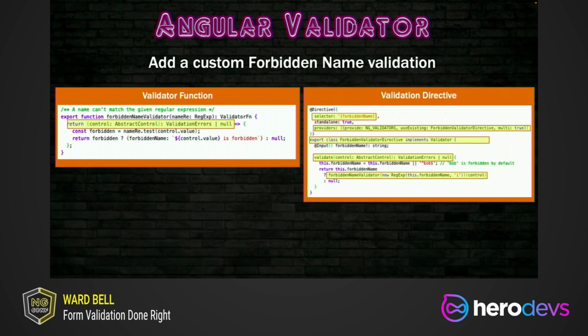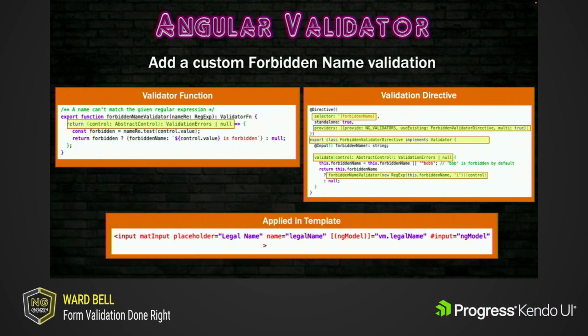But if I'm template-driven, I've got to go write a validation directive. I don't remember how to do that, but there's a sea of yellow telling me all the routine things I have to do. Then I have to go find my template, and I put that attribute on there, and I've done one validation rule. And if I want any more, I do the same thing.